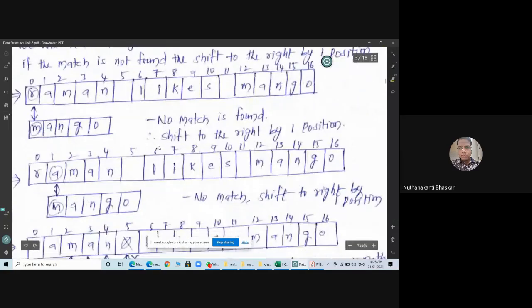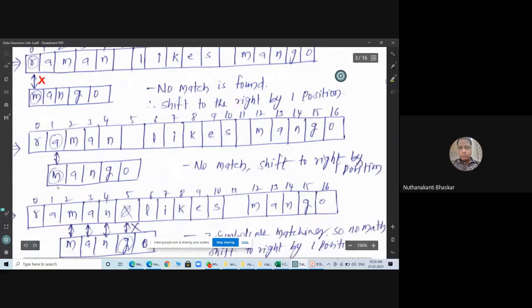Initially, we compare the first character of the pattern with the first character of the text. Are these two matching? No. If it is not matching, then i will be incremented by 1, so the pattern is checked with the next character of the text.